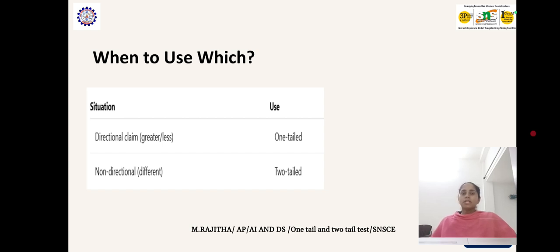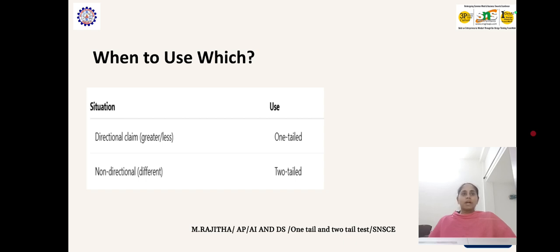In the situation and usage, deciding between a one tail and two tail test is crucial in hypothesis testing. The choice depends on the nature of the research question and the hypothesis being tested. If the research question specifies a direction, such as testing whether a new drug is more effective or whether machine performance has improved, a one tail test is appropriate.